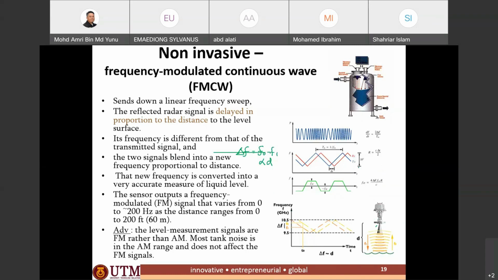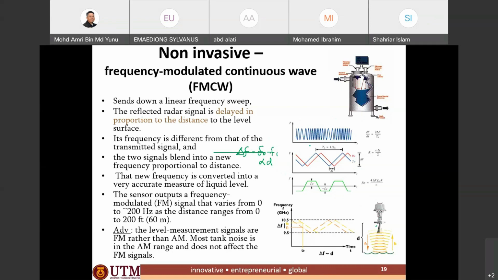So instead of measuring, knowing the velocity of the microwave signal, in this application we vary the frequency of the signals and then measure the reflected frequency, then compare with the frequency that it sends.